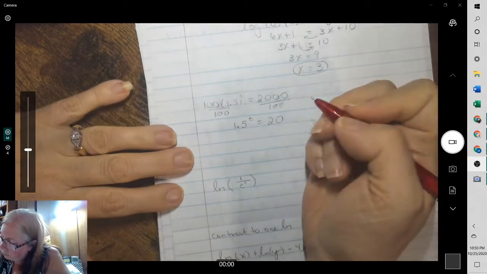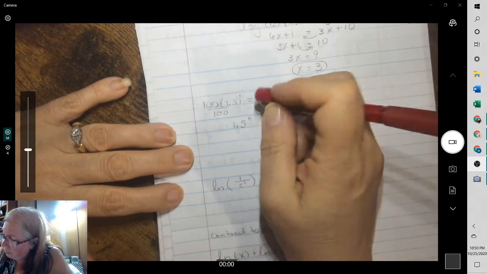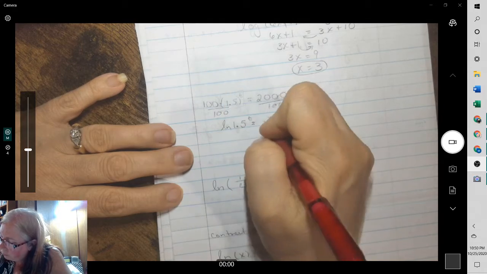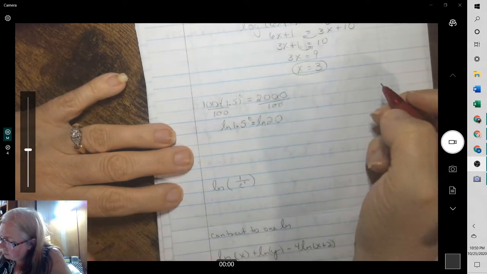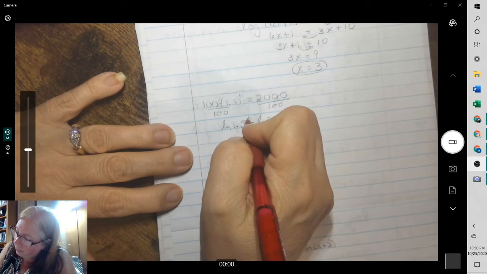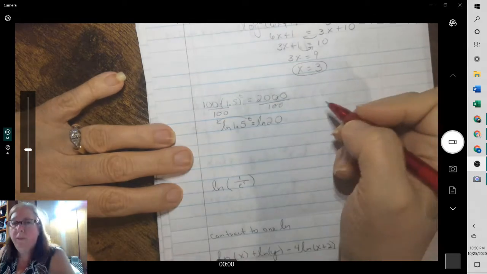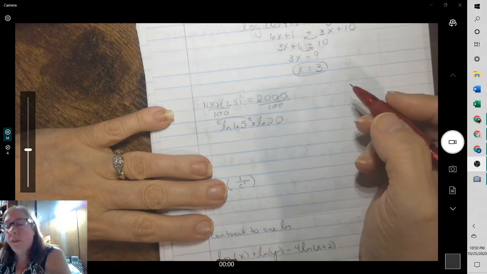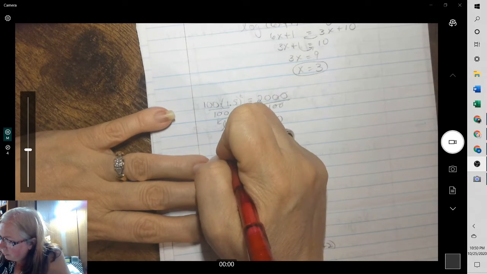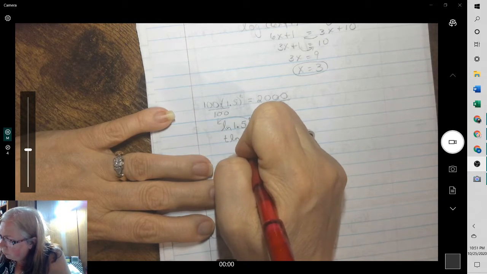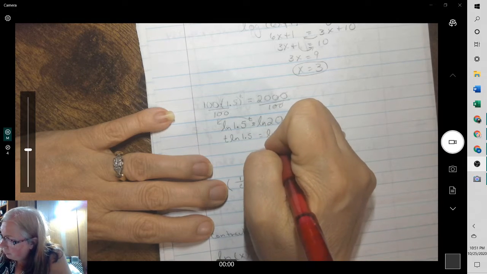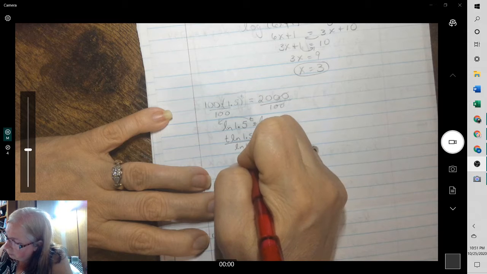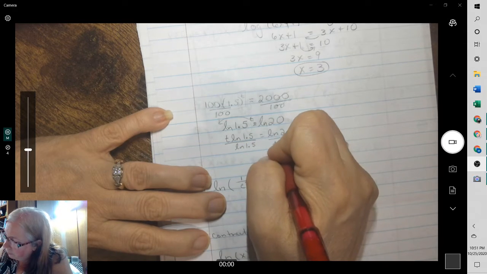I like to use natural log, but they'll both give you the same answer. So I would take the natural log of both sides. Because then, remember, log and natural log, we can bring that exponent down in front. So anytime your variable's in the exponent, you're probably going to have to use that. So we have t and the natural log of 1.5 equals the natural log of 20. And then divide by that natural log of 1.5.